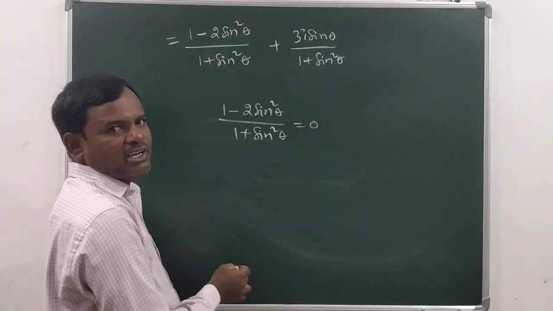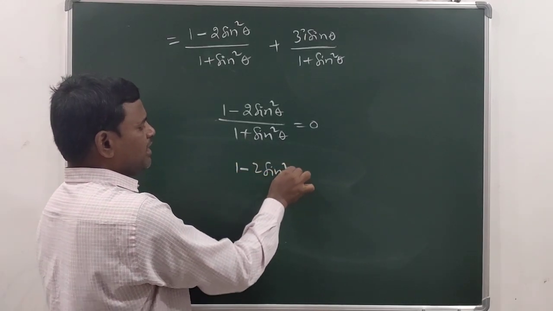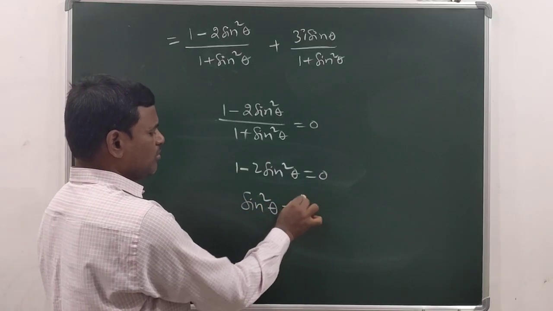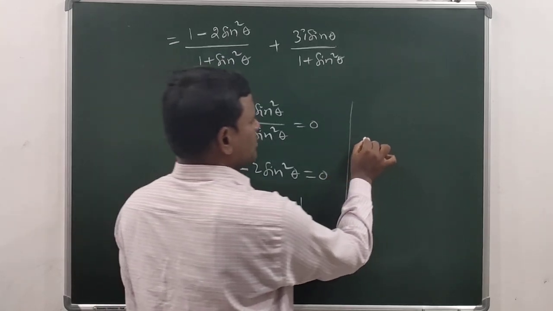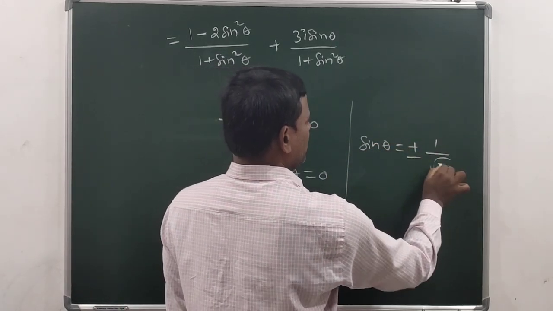Now take cross multiplication, so you will get 1 minus 2 sin square theta equal to 0, and sin square theta equal to 1 by 2. When you take the square root, sin theta is equal to plus or minus 1 by root 2.